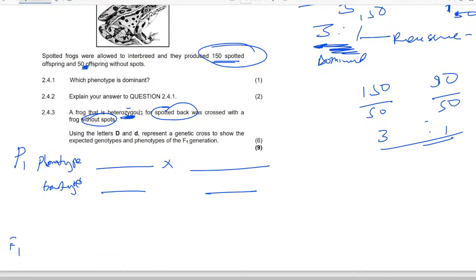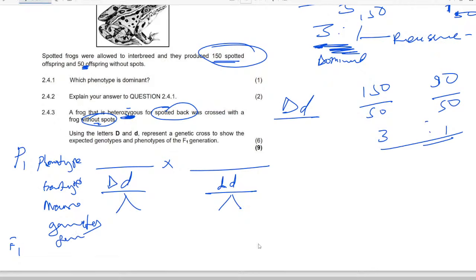So spotted is heterozygous like that, and without spots we said is recessive, so it is always homozygous. Then meiosis is going to occur, then split them, then you get the gametes, then fertilization. After that, you get the offspring here. Yes, so you're going to do it for me.